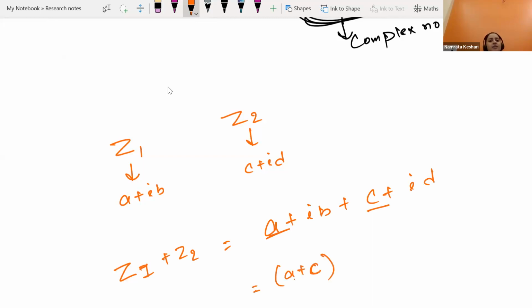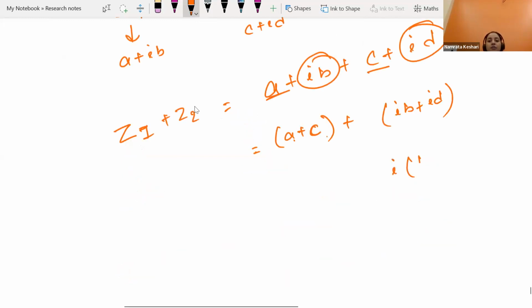A is a real number, c is a real number, and both added together will be a real number only. And ib and id we can write together: ib plus id, we take I out common, and it will be b plus d. It will be the imaginary part. So yes, complex number plus complex number, the resultant is a complex number.